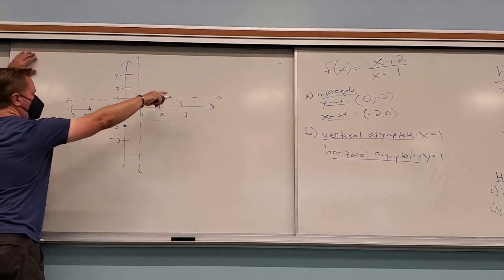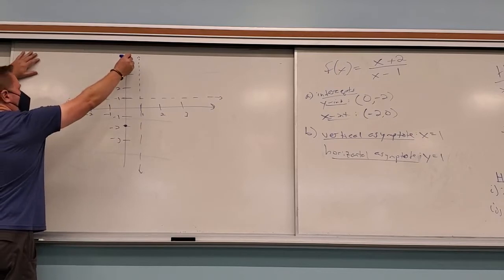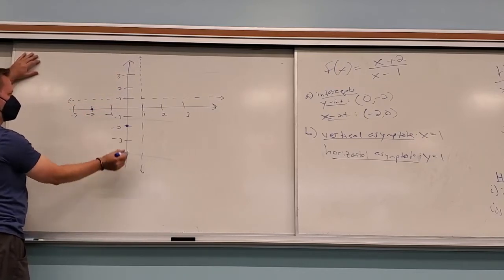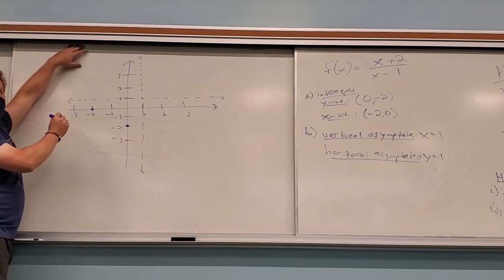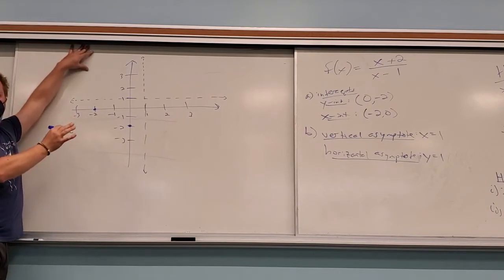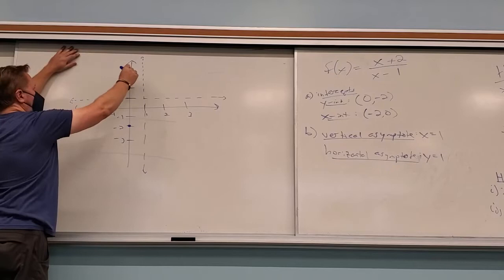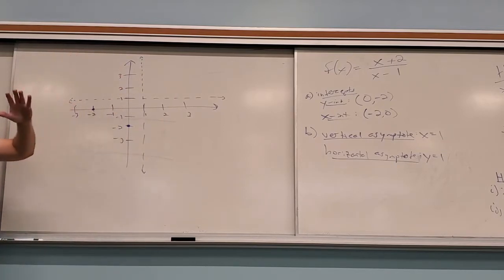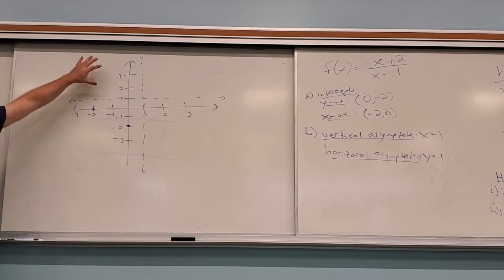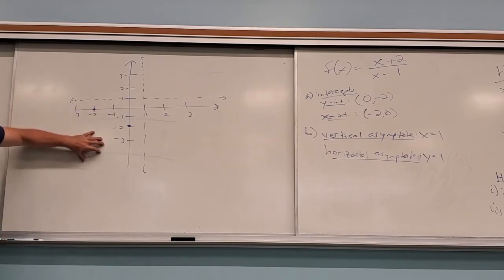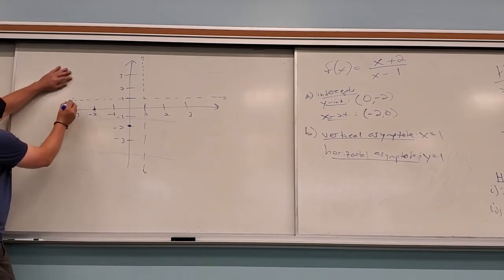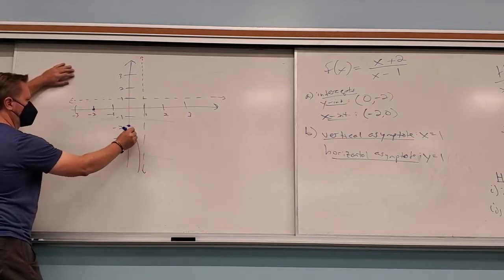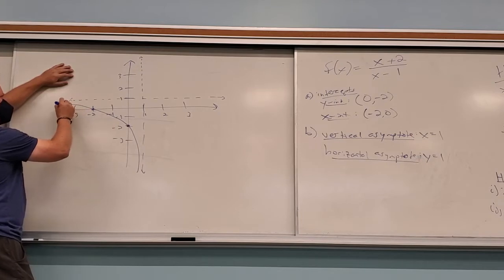If I only look at the walls, my graph could either be here or it could be here. And considering where I've got points, is it on the top or is it on the bottom? It's on the bottom. So you can see it looks like it's gotta approach this, and then it's gotta approach this.